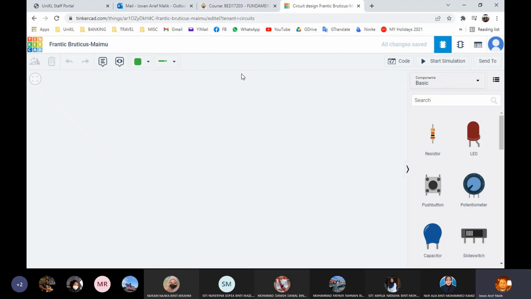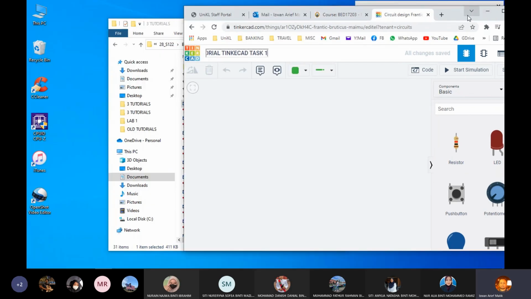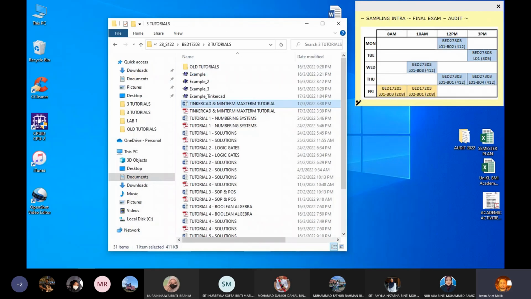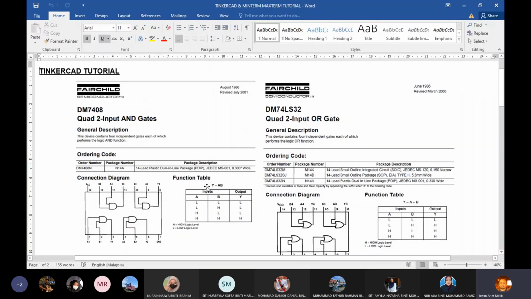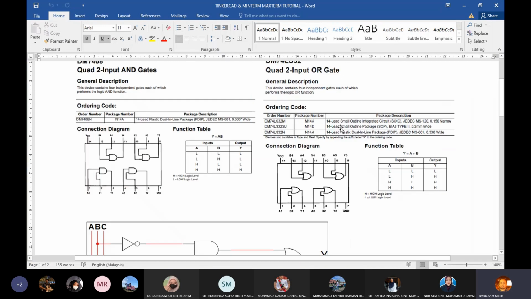This is basically the interface of the Tinkercad software. I'll name it here as tutorial Tinkercad task 1, which is this one. This is task 1, and the one below is task 2.